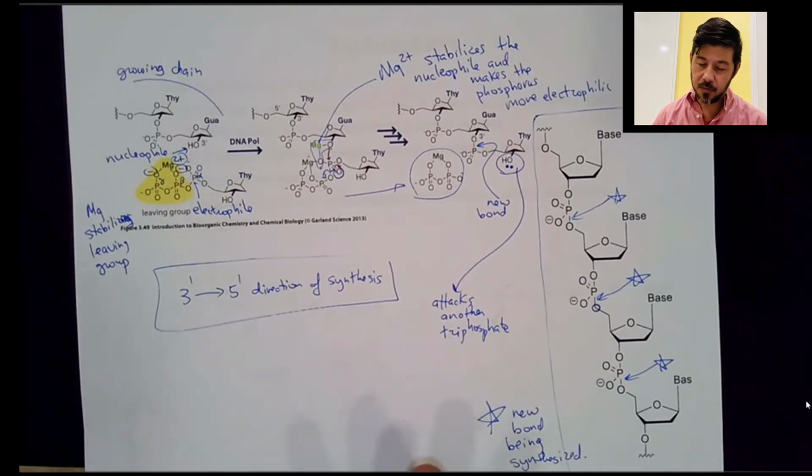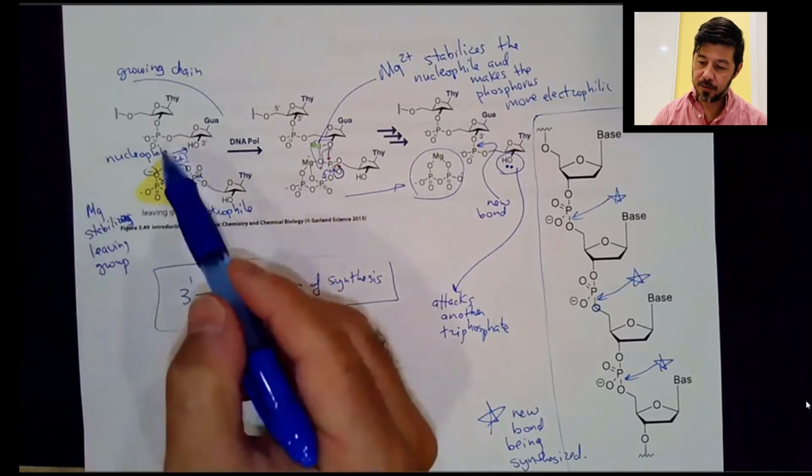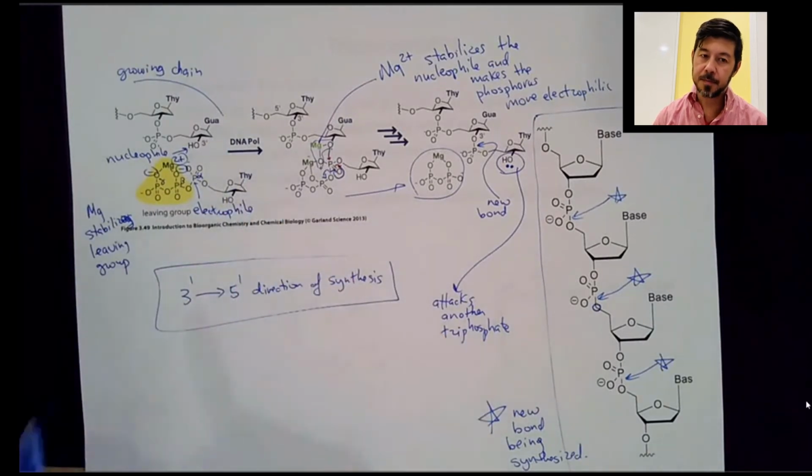For RNA polymerase, those are specific, of course, for ribonucleotide triphosphates. So you would have a hydroxyl group here, hydroxyl group here. The polymerases between DNA and RNA are very specific for the monomers, so that you don't get mixed RNA DNA sequences.